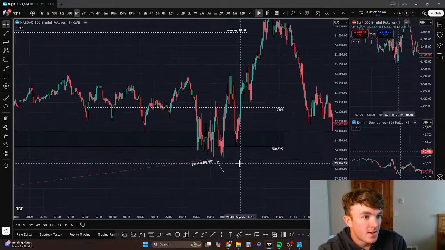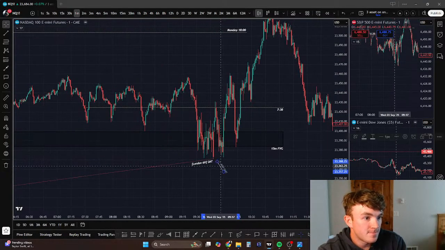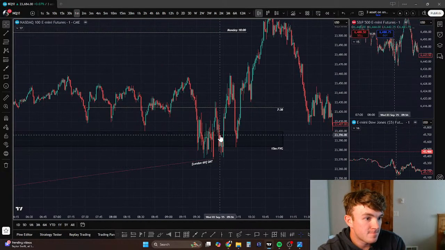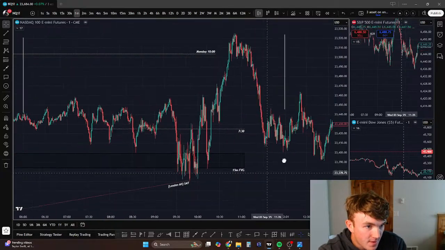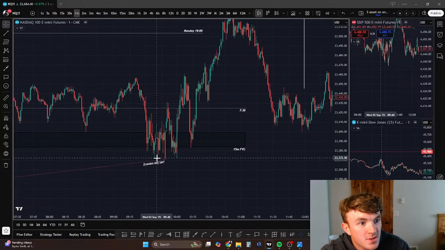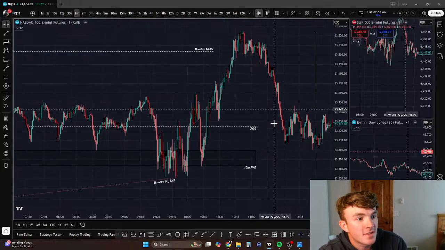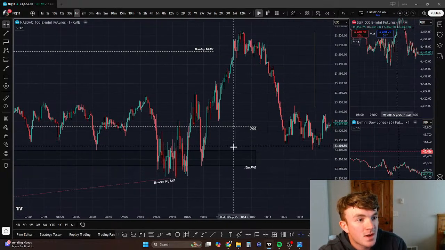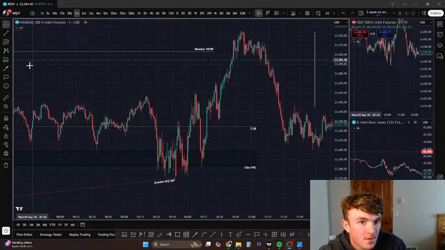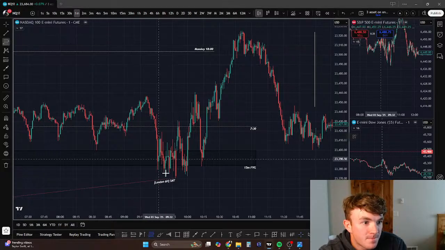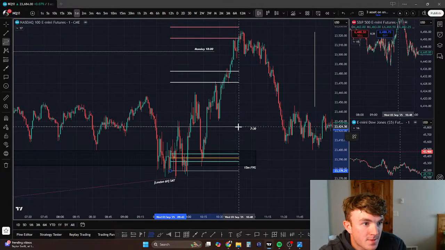And then we draw, let's see here. So where's the most obvious 1-minute change in state? For me, the most obvious one occurs here. So 1-minute change in state right there.